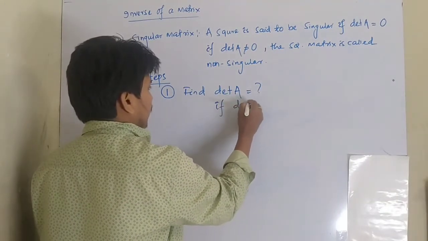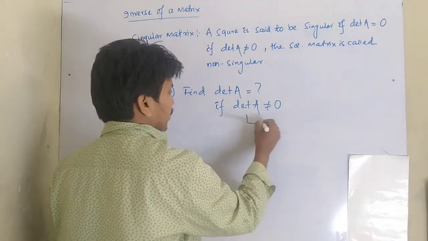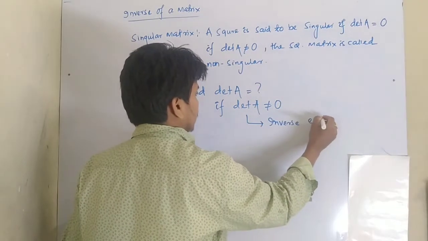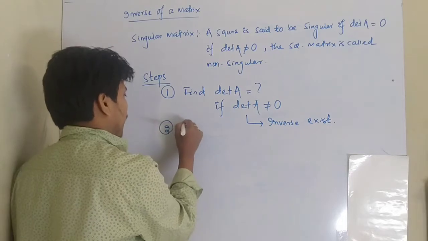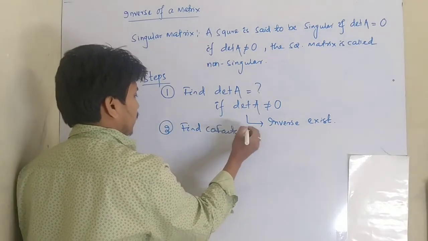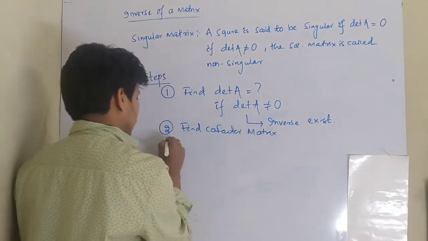If determinant A is not equal to 0, that means the inverse exists. Number 2, find the cofactor matrix.